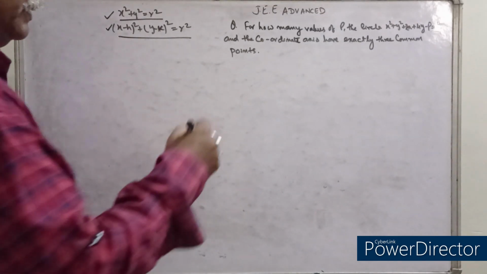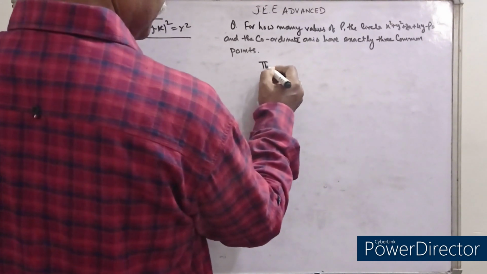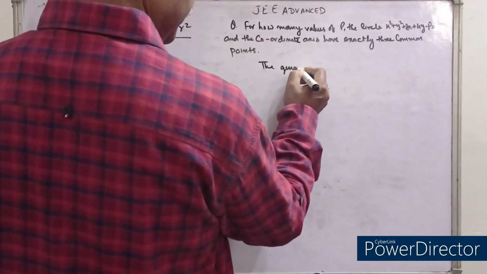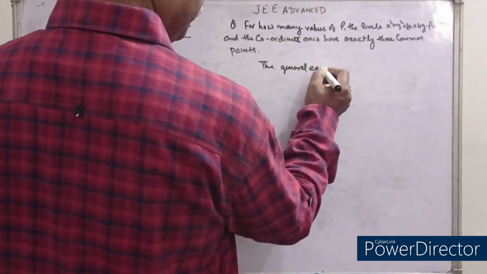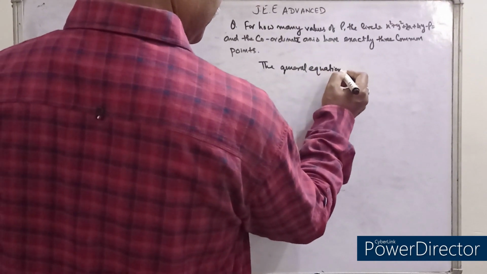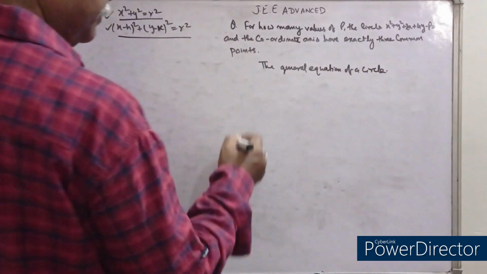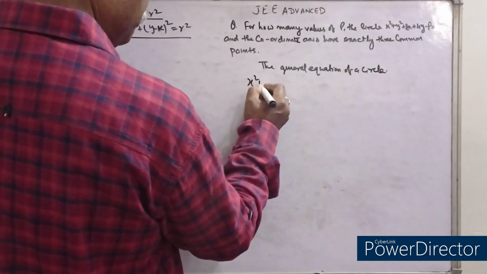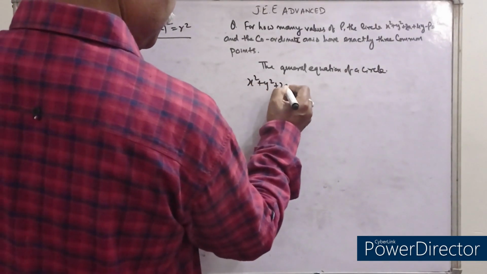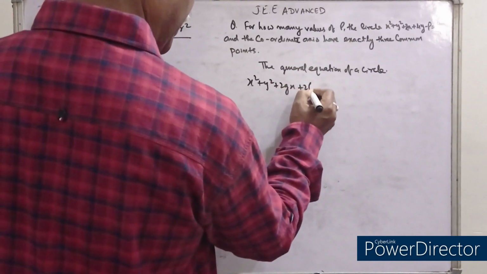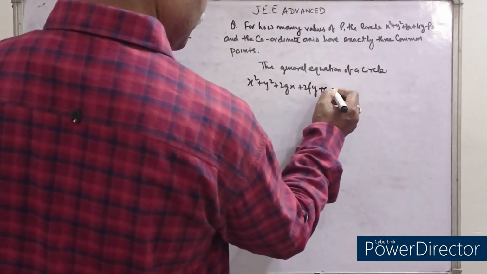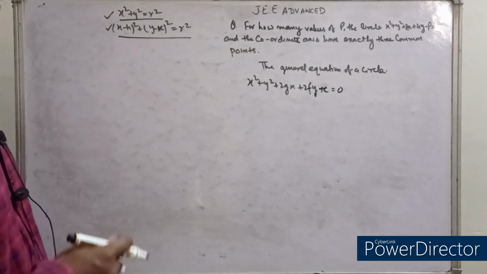But the general equation of a circle is x square plus y square plus 2gx plus 2fy plus c equal to 0. This is the general equation of a circle.